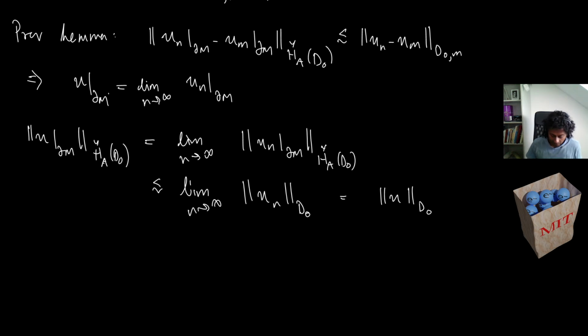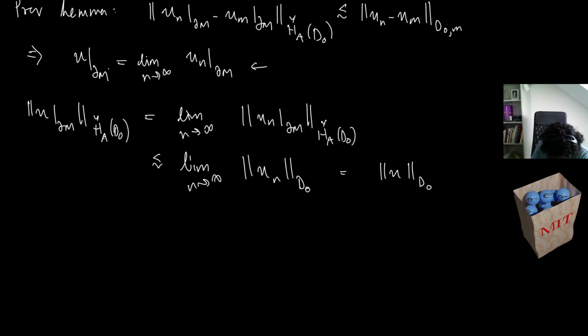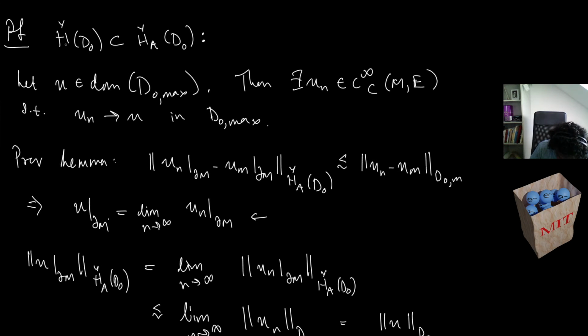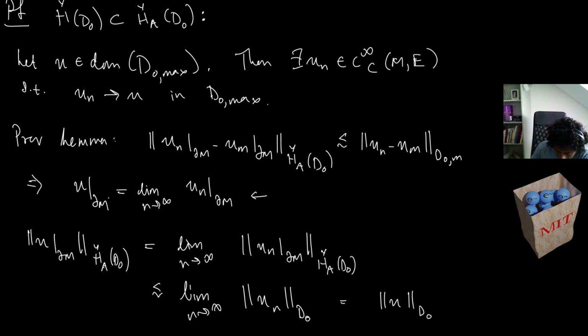Okay, so this shows that the trace is well defined, and it shows that the trace is continuous into this space, with respect to the D naught topology and with respect to the topology on H check A. And so in particular, this shows what we want, that H check of D naught as a set is contained in H check A of D naught.